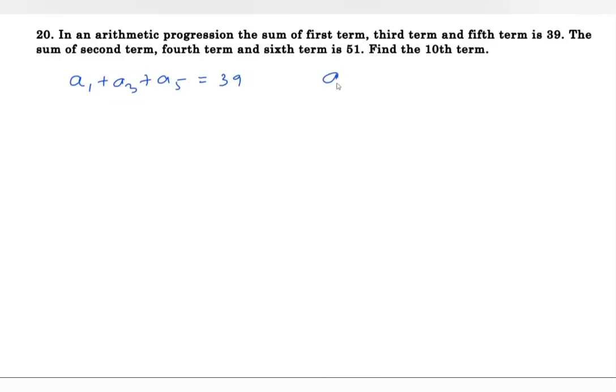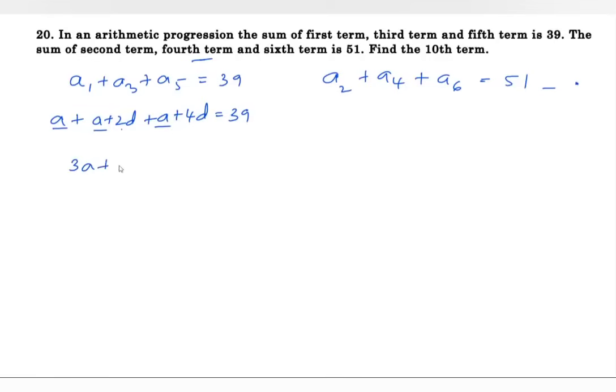Next condition is the second term plus fourth term plus sixth term, that is a2 plus a4 plus a6, equals 51. Now a1 is a, a3 is a plus 2d, a5 is a plus 4d, equals 39. Now a plus a plus a is 3a, plus 2d plus 4d is 6d, equals 39. Take this as equation 1.